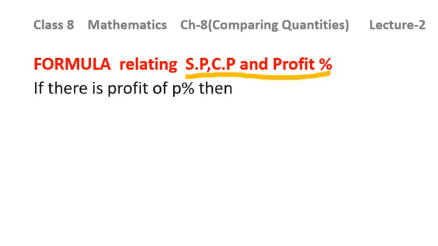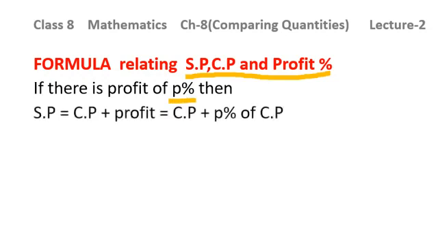If there is a profit of P percent, then SP is equal to CP plus profit. We know this. We have learned that profit is equal to SP minus CP, so from there you can write SP is equal to CP plus profit. CP plus P percent of CP, because profit is given to you as P percent.